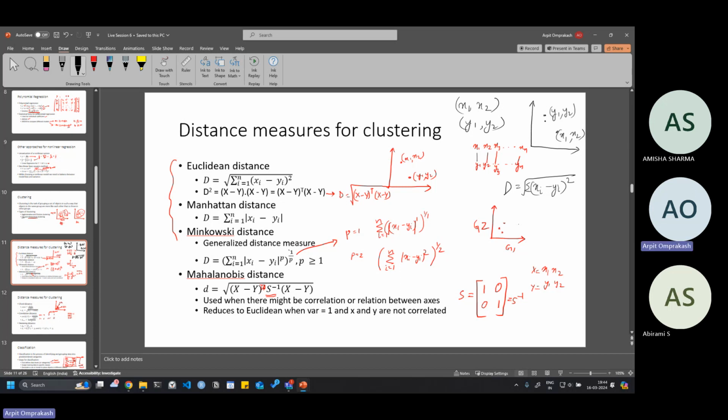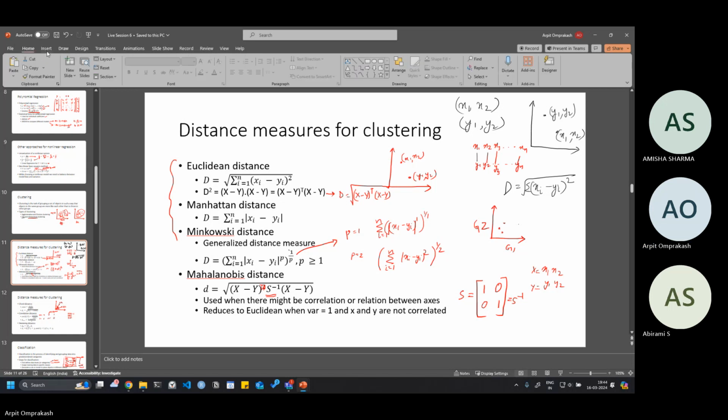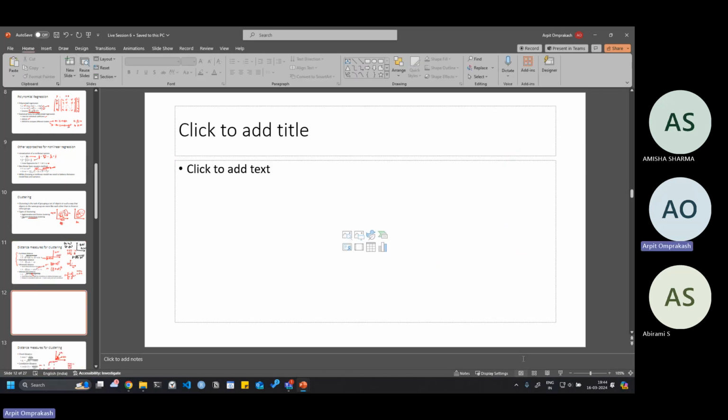Okay, I'll just create a new slide and project it. Can you see this? It's visible, right? Yes, sir. Okay. So let's say you have these 2 points, x1, x2 and y1, y2.